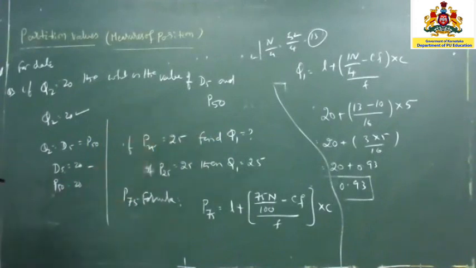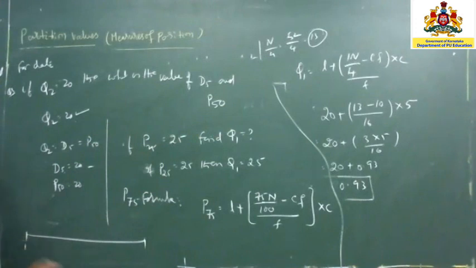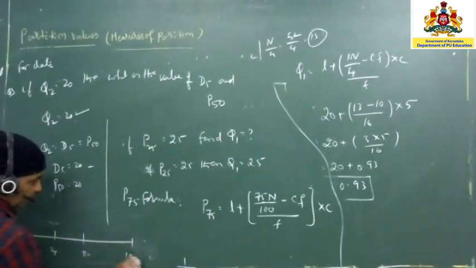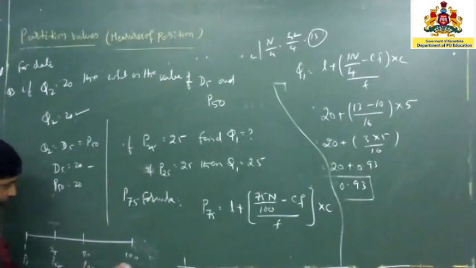Suppose you take this kind of data, 1 to 100. The first is 25, then 50, and the next one is 100. This is p1 in the sense, this is p25, p50, and p100.